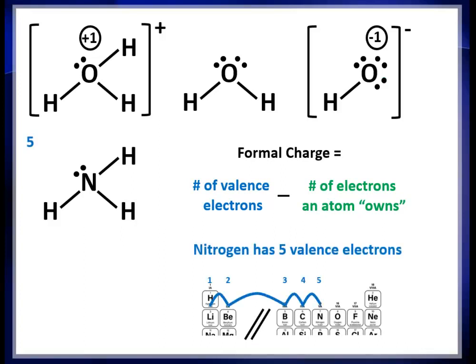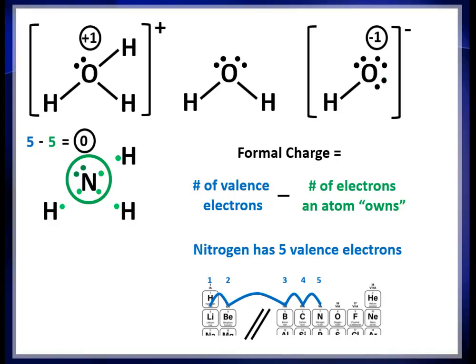How many does it own in this Lewis dot structure? Just like in the case of hydronium above it, there are 2 non-bonding electrons and 3 bonding electrons for a total of 5 owned electrons. 5 valence minus 5 owned equates to a formal charge of 0.